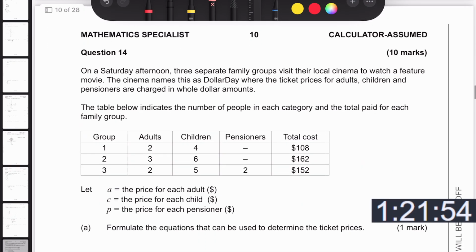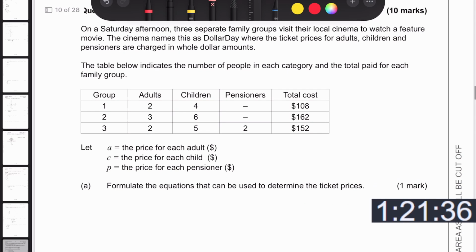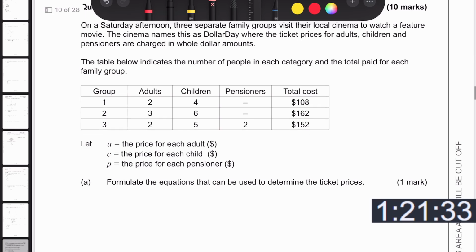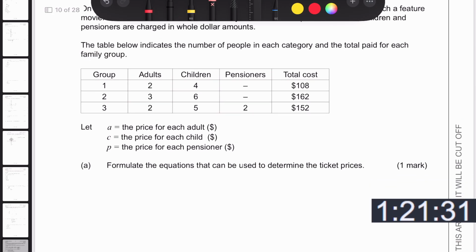Okie dokie. On a Saturday afternoon, 3 separate families visit their local cinema to watch a feature movie. The cinema names this as Dollar Day, where the ticket prices for adults, children, and pensioners are charged in whole dollar amounts. The table below indicates the number of people in each category and the total paid for each family group. Formally, the equations are used to determine the ticket prices.